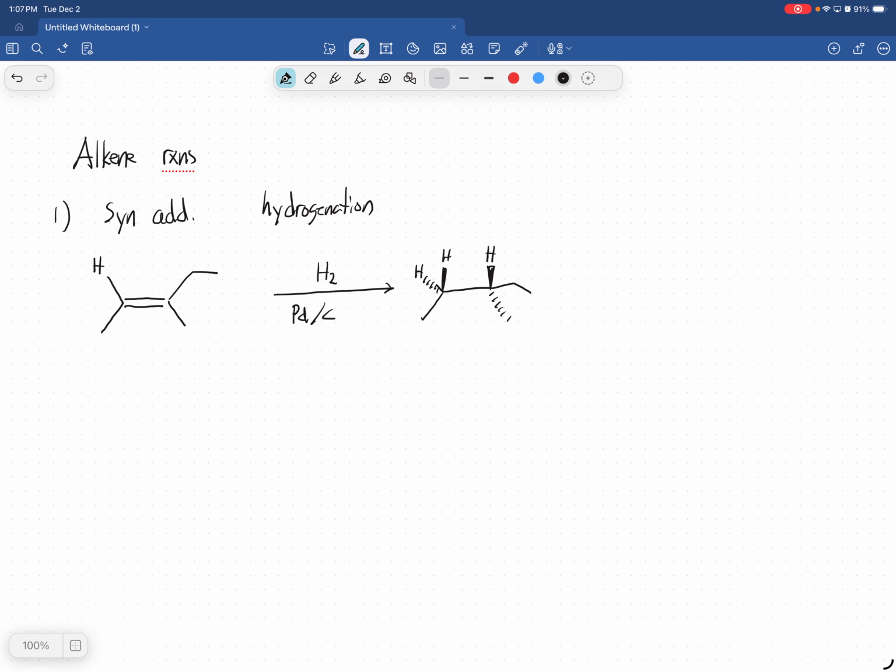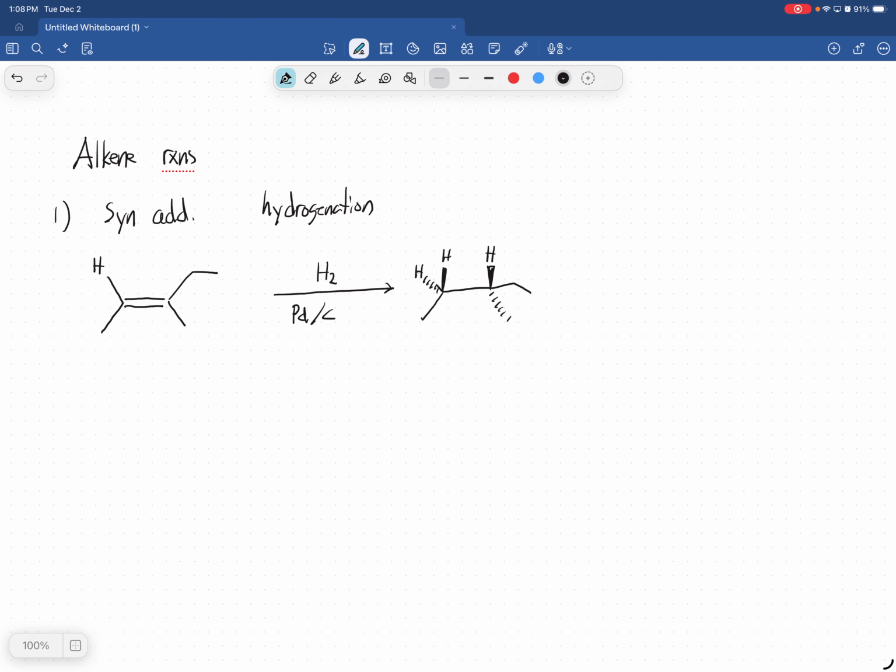Well, actually, I don't think they are, are they? So that's the only product we should get, right? Because do we have any stereocenters in here? No. Now, if I made one of these a propyl group, then yes, we will have at least one stereocenter. So you can technically get the other enantiomer. Okay? So if you have a stereocenter, you can get the other enantiomer as well.